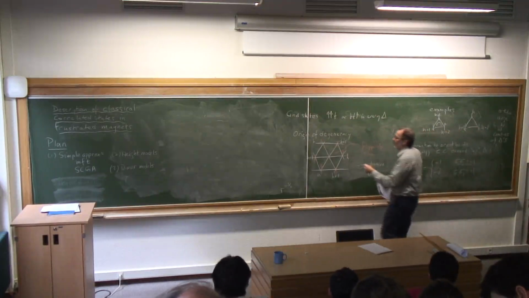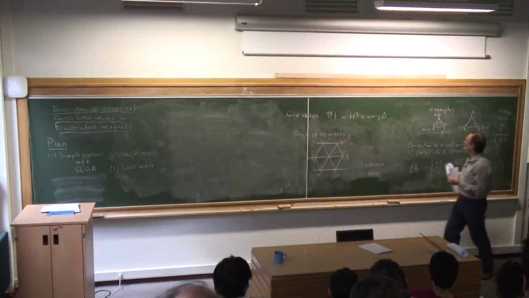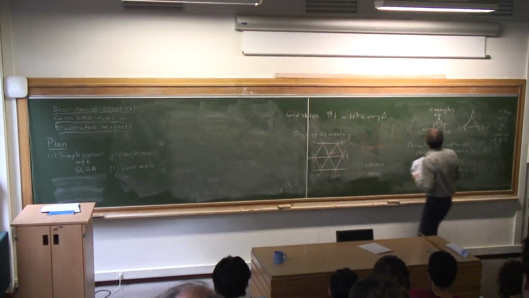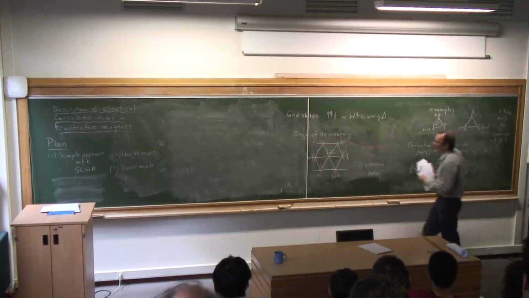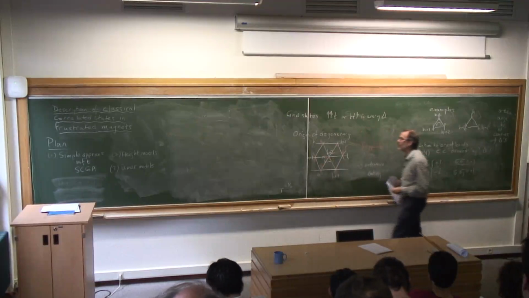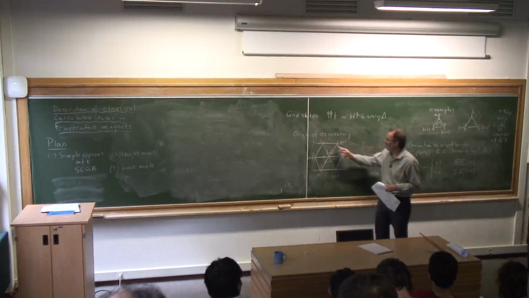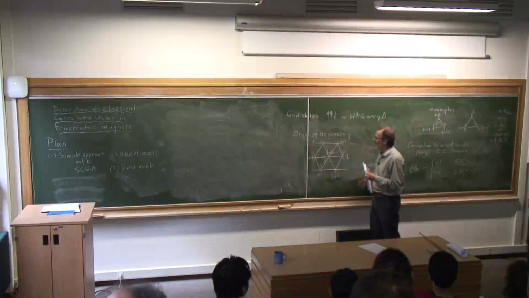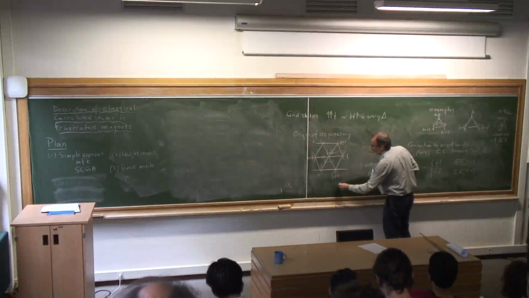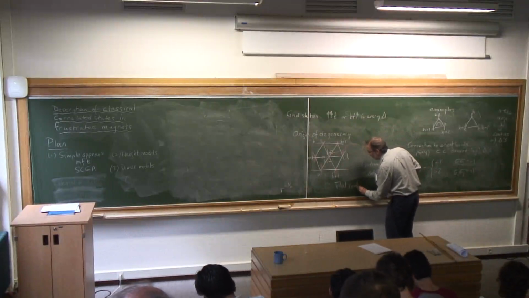If the middle spin is up, then I can copy things from here and I'll get h plus 2, and if the middle spin is down, then I copy things from the other triangle and I get h minus 1. And in either case, I find that the heights of all these triangles are the same. So this turns out to be a flat configuration.